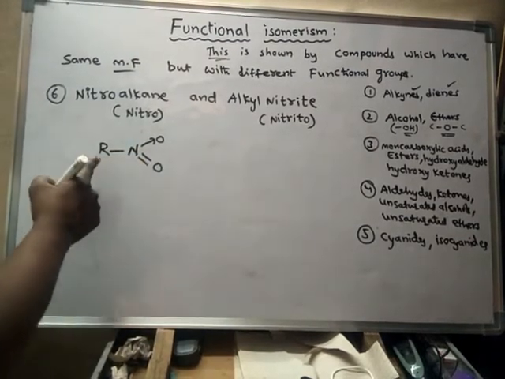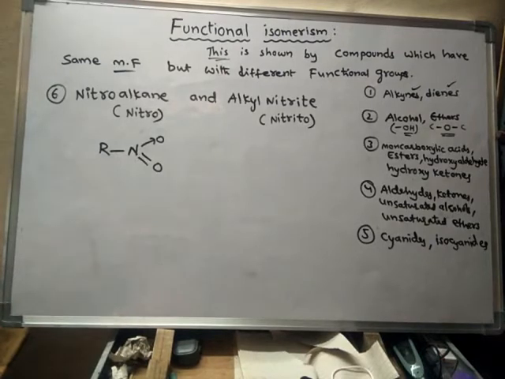So it is said to be nitroalkane. Nitro always comes as a prefix. It never comes as a suffix. While writing the name of the compound, remember that nitro always comes as a substituent, a secondary prefix. It never comes as a secondary suffix.